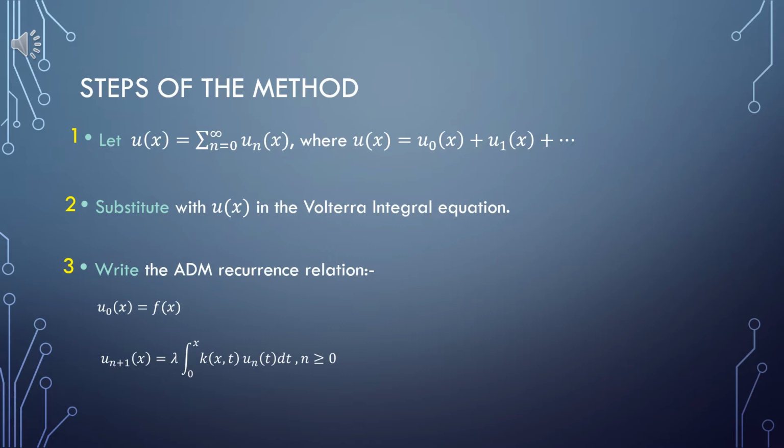Third, we write the recurrence relation, where we put u0 of x equal to f of x, and then we write un plus 1 of x equal to lambda, the integration from 0 to x, k of x in t, un of t dt, where n is greater than or equal to 0.